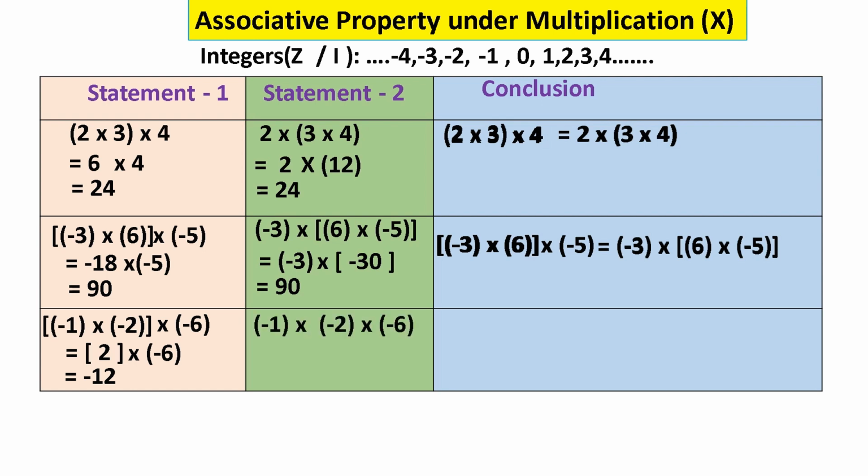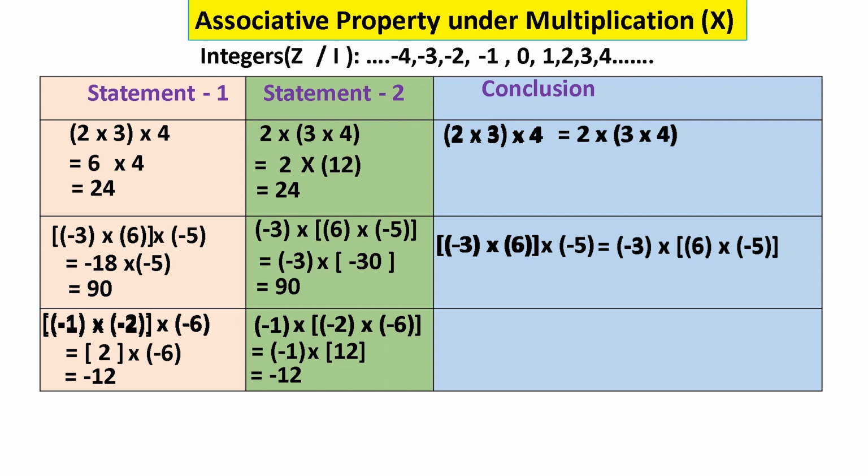And in statement 2, we multiply the last two integers. Here minus 2 into minus 6 is plus 12, and then multiplied by minus 1, we finally get minus 12.